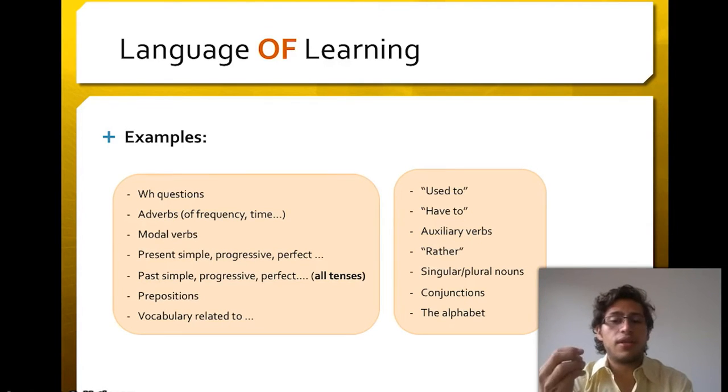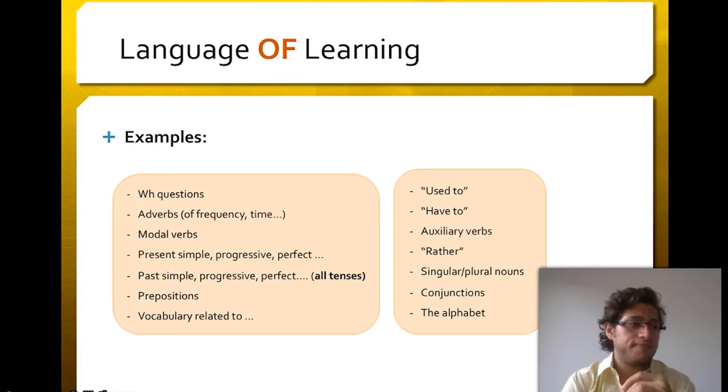Here we can also include expressions or grammatical structures like used to, have to, auxiliary verbs, rather, singular and plural nouns, conjunctions, the alphabet. So as we see here, they are all purely grammatical, and here we have a very wide range of possibilities because language is made up of really a high number of pieces. So possibilities here are almost endless.